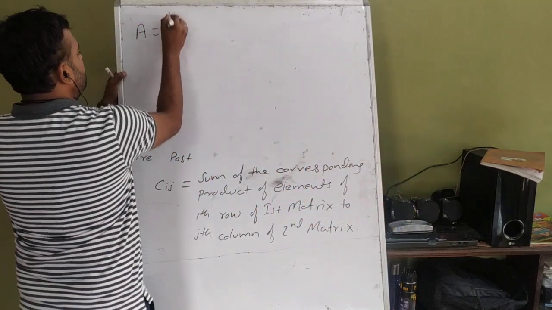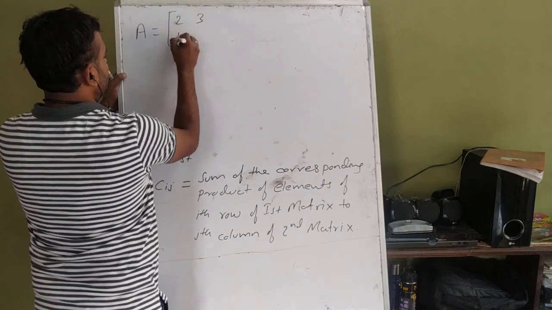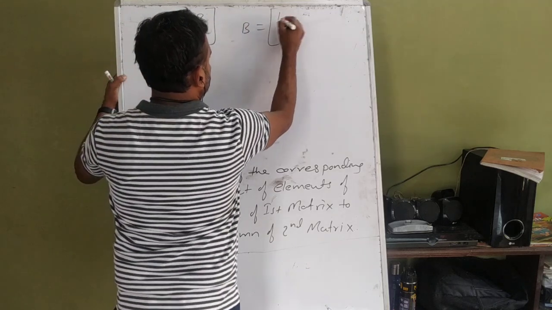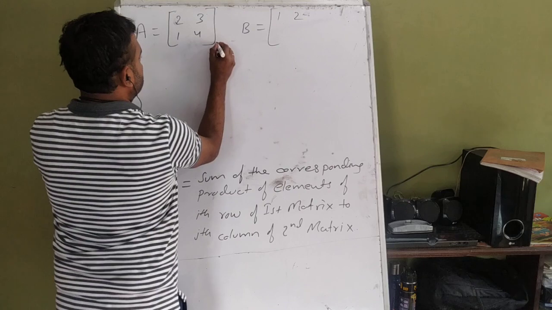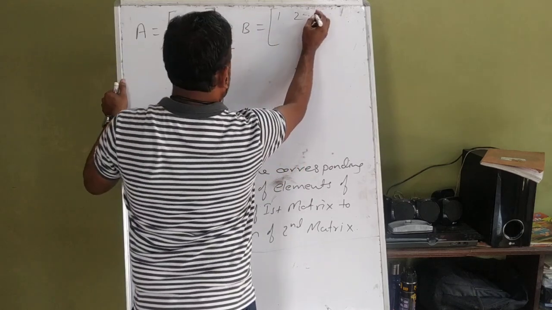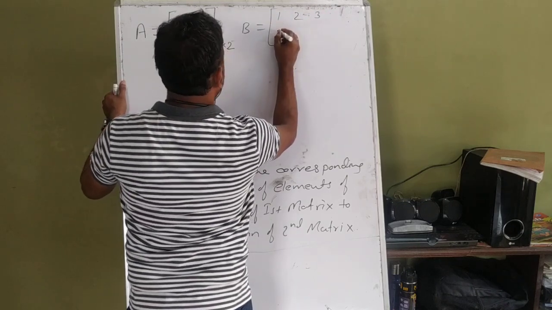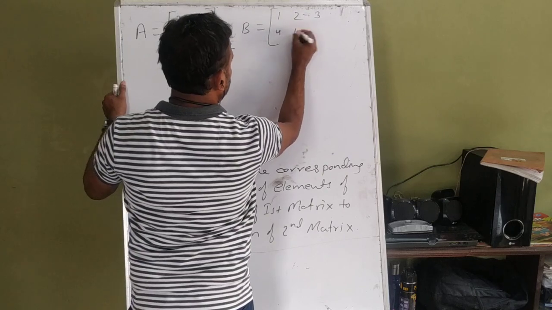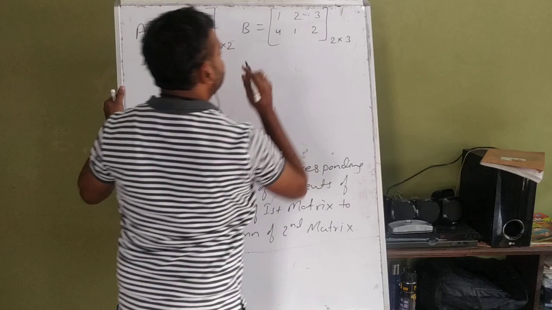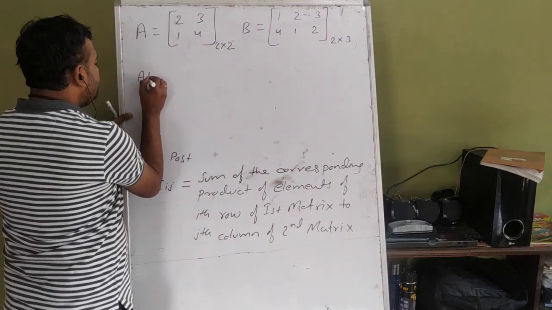Let A be a 2 by 2 order matrix, and B is a 2 by 3 matrix. Will the product AB be possible here?